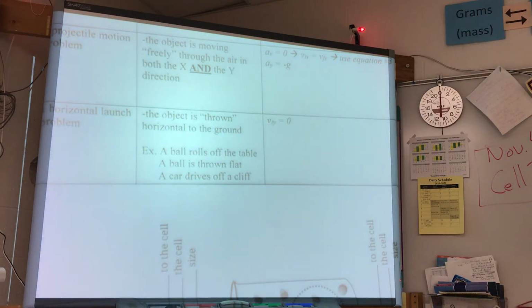Example, a ball rolls off the table, a ball is thrown flat, or a car drives off of a cliff. Those are all examples of a horizontal launch. And if it's a horizontal launch, then we can add to our list of variables that my viy, my initial velocity in the y direction, has a value of 0.